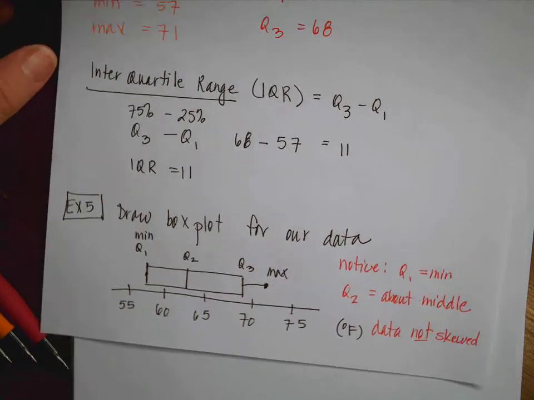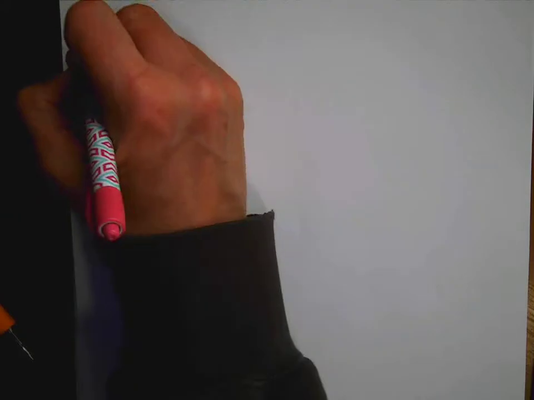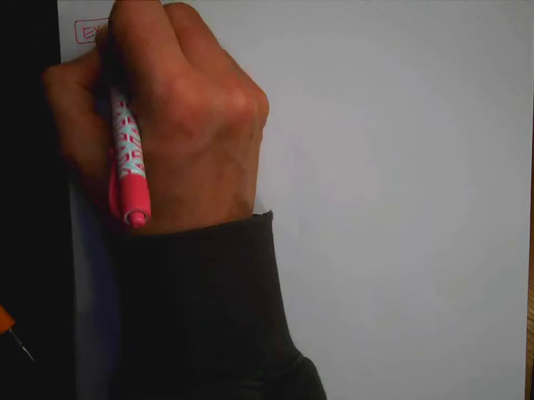Okay? Alrighty. So now I'm going to give you a different set of numbers, and we're going to do a box plot. Ooh, look at all those cool numbers. And we're going to do another box plot.